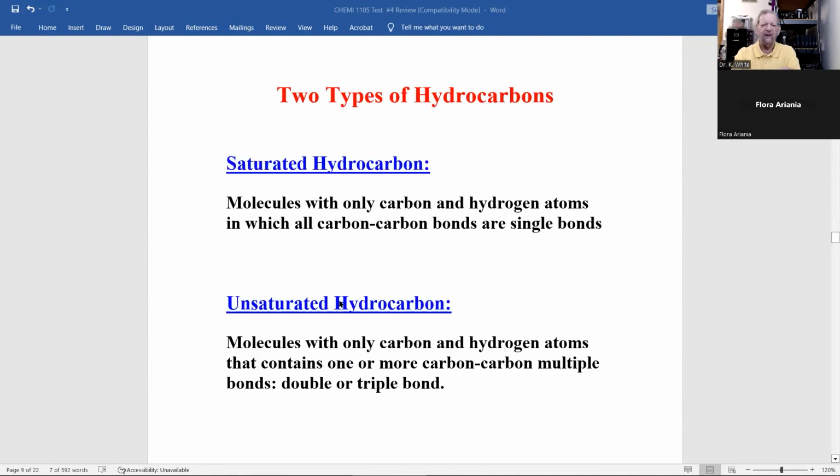You should know there are 2 types of hydrocarbons. Saturated hydrocarbons are molecules with only carbon and hydrogen atoms in which all carbon-carbon bonds are single bonds.